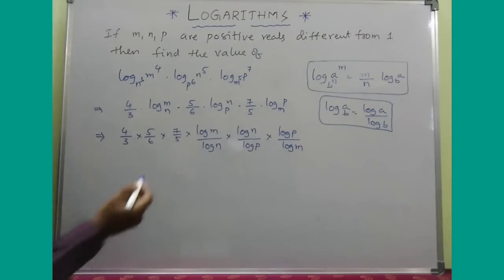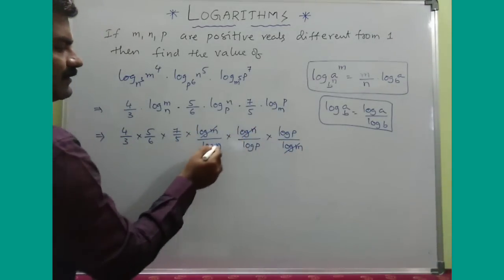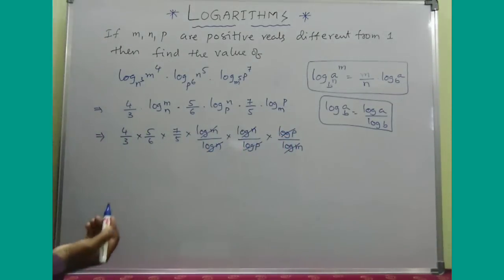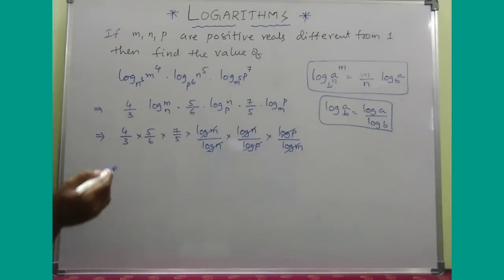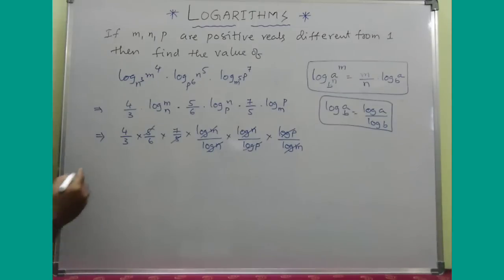See, log m and log m, log n and log n, log p and log p, so these terms are cancelled. In the same manner, 5 and 5 also cancel.